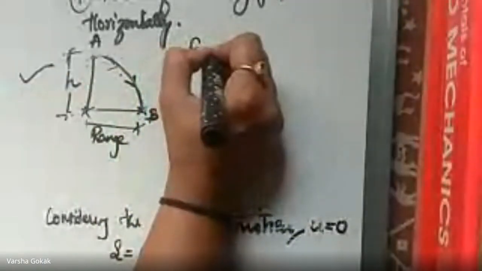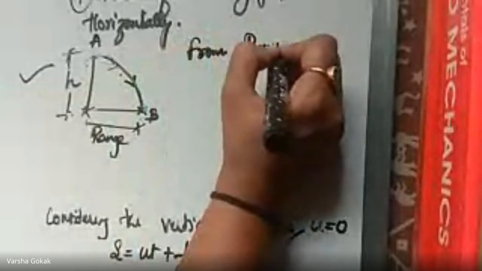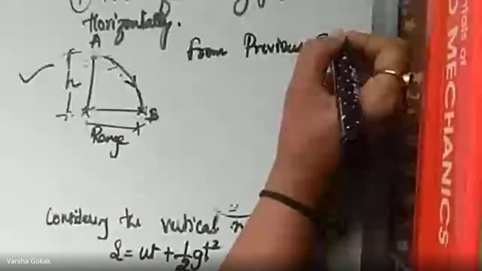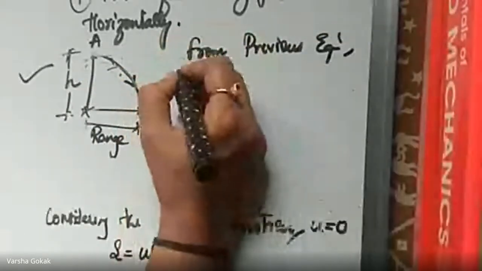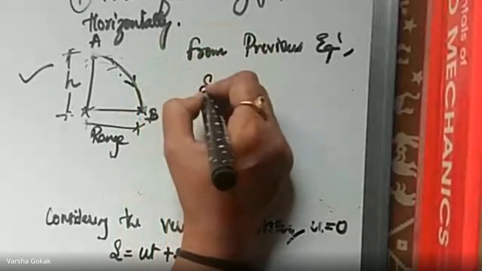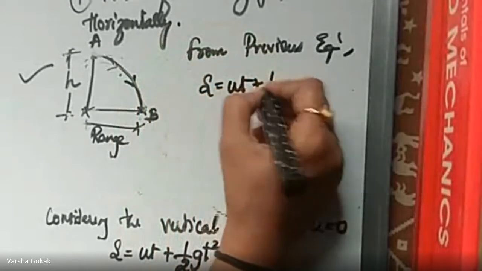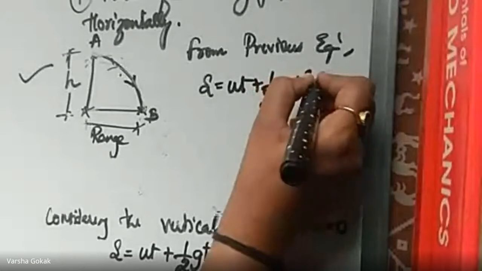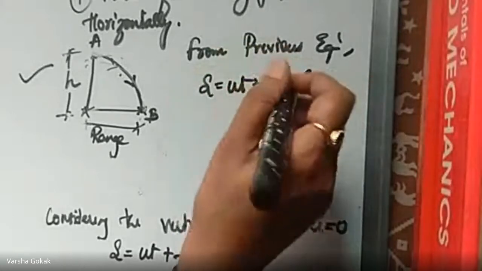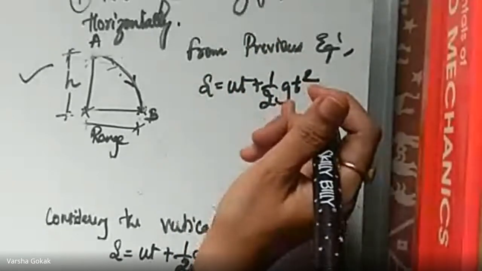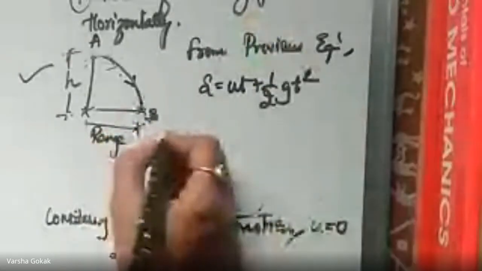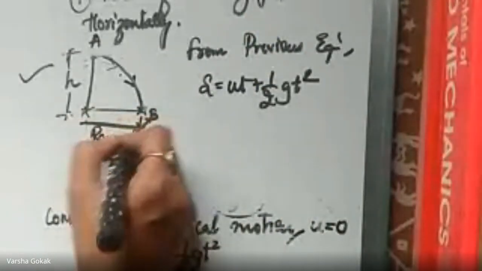From this equation, I can derive the time of flight. Right? I'll show you how. So, from the previous equation, okay, let us calculate time of flight. For that, I will use again the equation S equal to ut plus half gt square. In this, when I want to talk of the horizontal motion, what happens in horizontal motion, range mein?